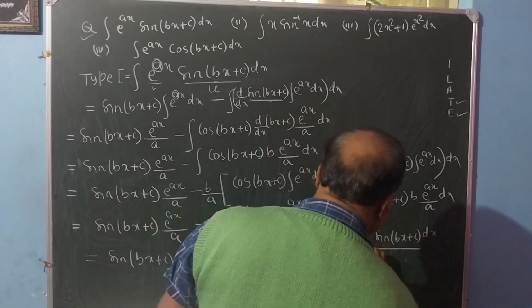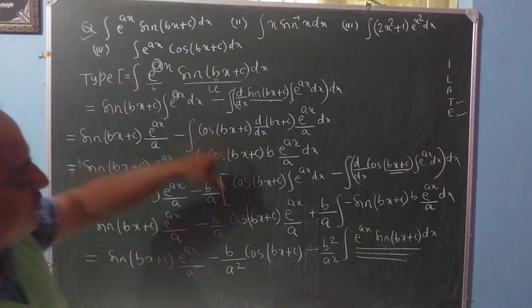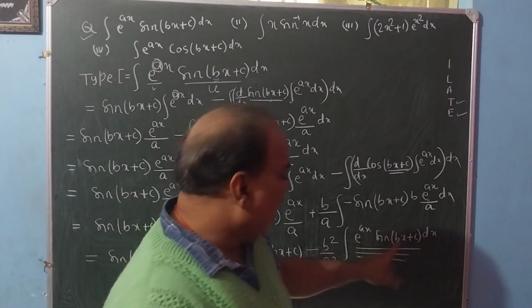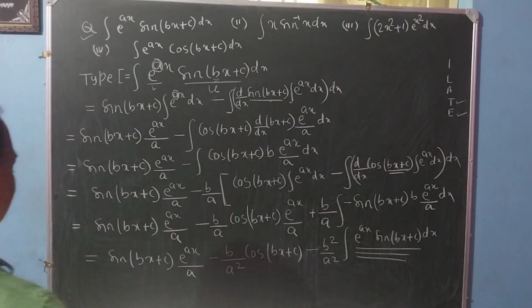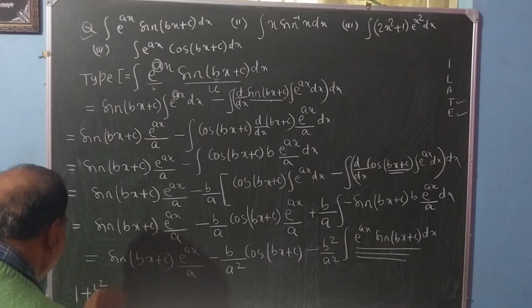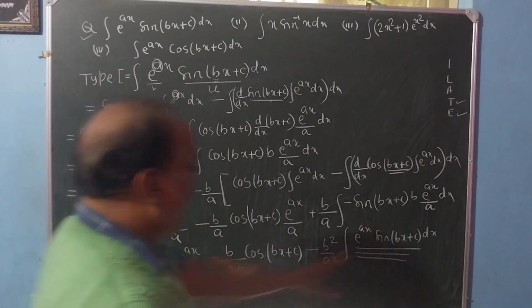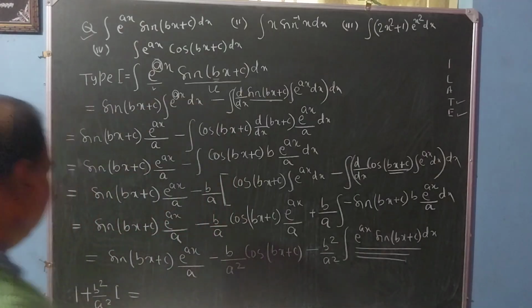This is I repeated here, so it will come to that side. So we write I plus b square by a square I.